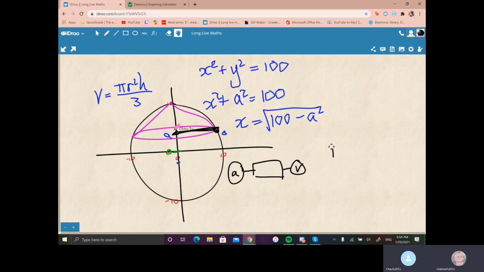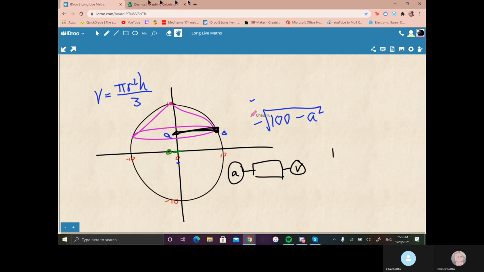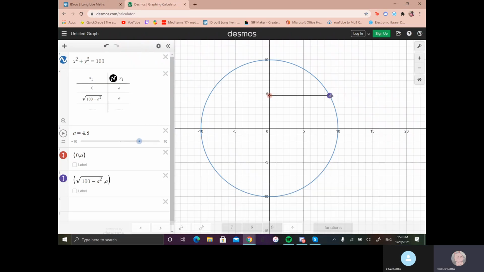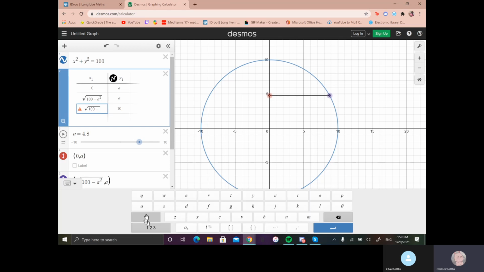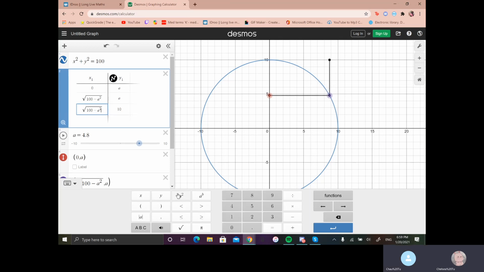Well, first, what's the coordinate here, Chelsea? That's 10. This point all the way to 10. So you've got to join. You're telling it to go square root of 100 minus a squared, of course.